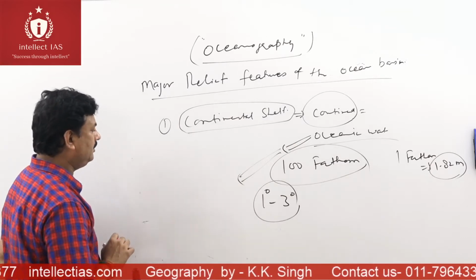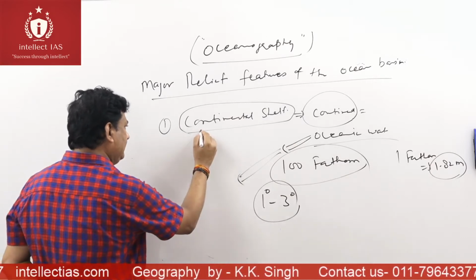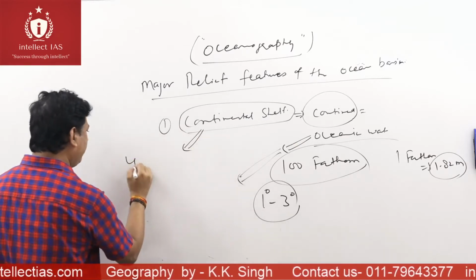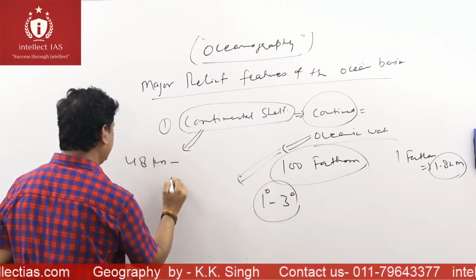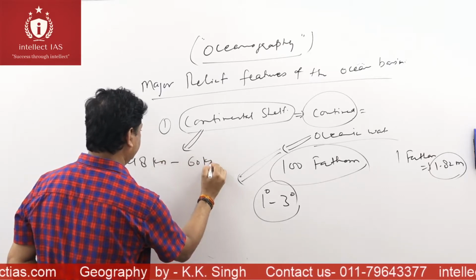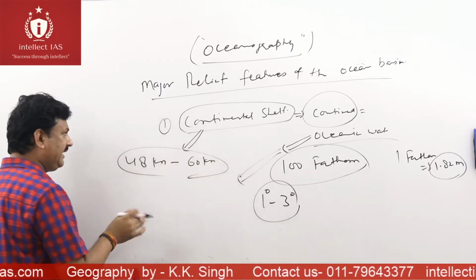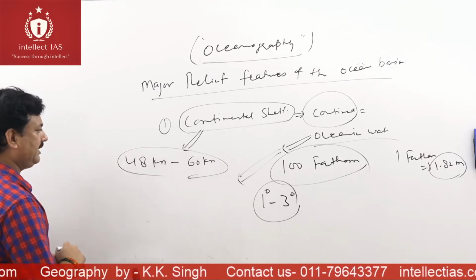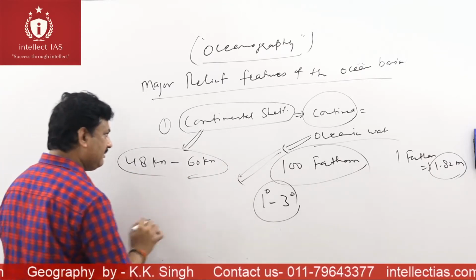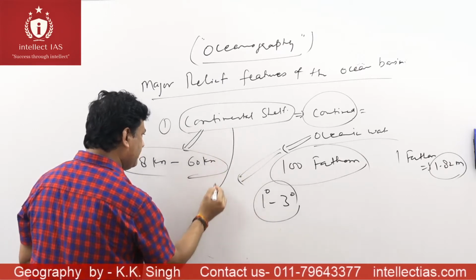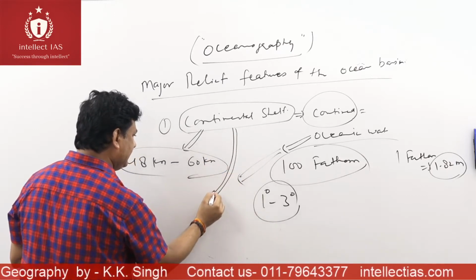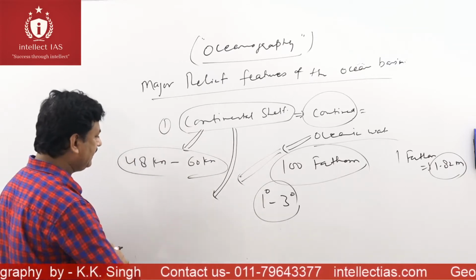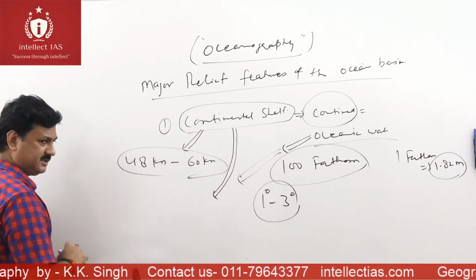Now the average width of continental shelf is 48 kilometer to 60 kilometer. And remember one thing, the width of continental shelf is determined by the nature of coastal areas.